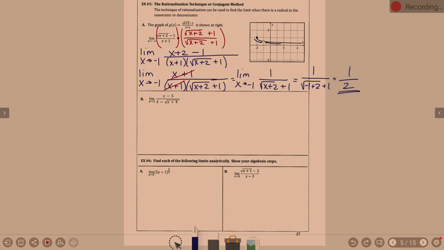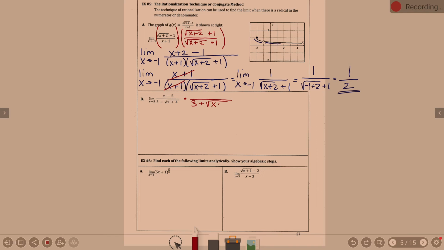Okay, so let's practice on B. With B, it's the limit as x approaches 5. Again, you're going to get 0 over 0 right now, or most likely. What are we going to multiply by? 3 plus the square root of x plus 4.